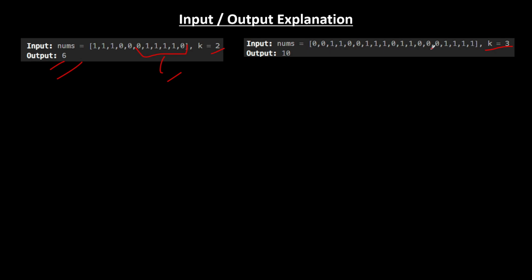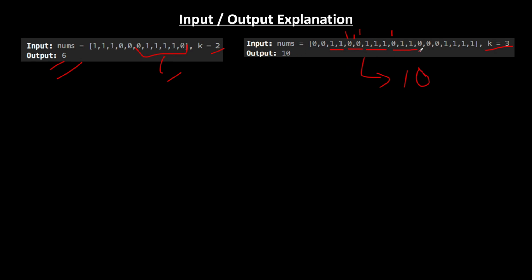We can see that if you flip these two zeros to 1 and this 0 to 1, how many ones are you getting total? These two, these two, 4, 5, 6, 7, 8, 9, 10. Yeah, so we got the size 10 array having consecutive 1s.